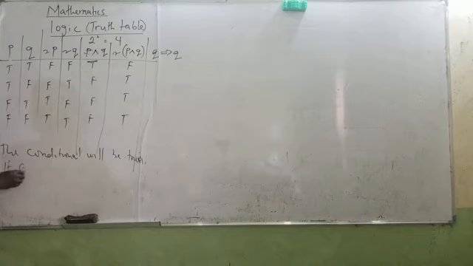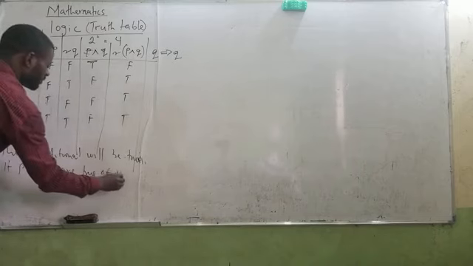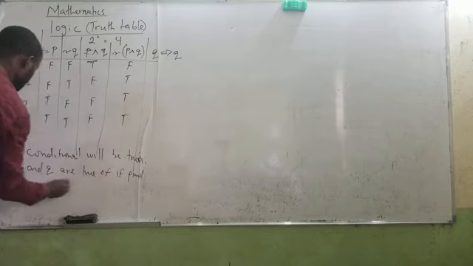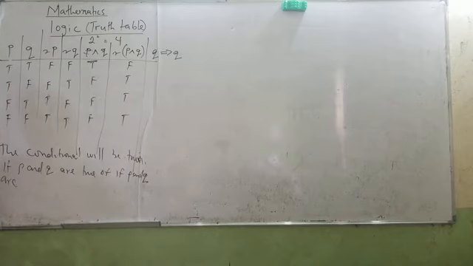If P and Q are true, or if P and Q are false, when is it true?